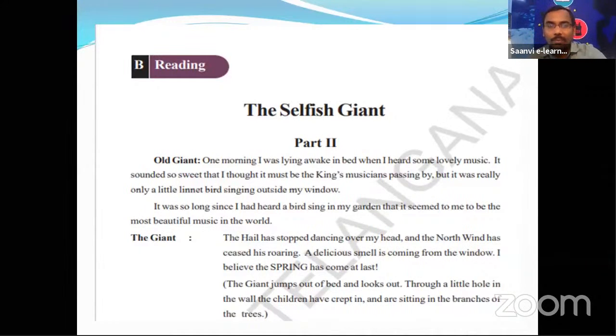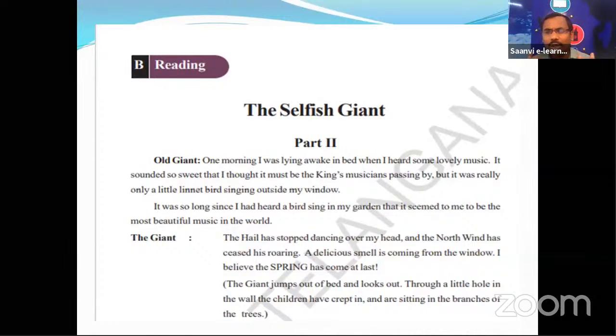See what's happening now. Old giant: One morning I was lying awake in bed when I heard some lovely music. He was not sleeping, but taking rest on his bed, when he heard some lovely music from outside. It sounded so sweet that I thought it must be the king's musicians passing by.